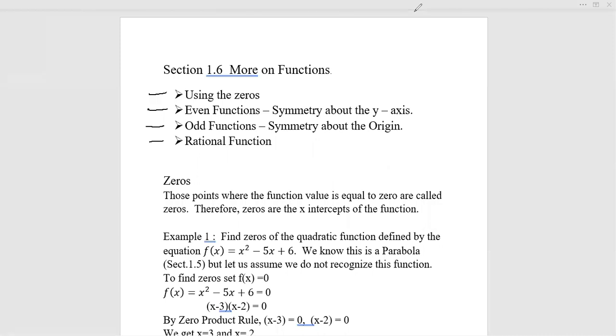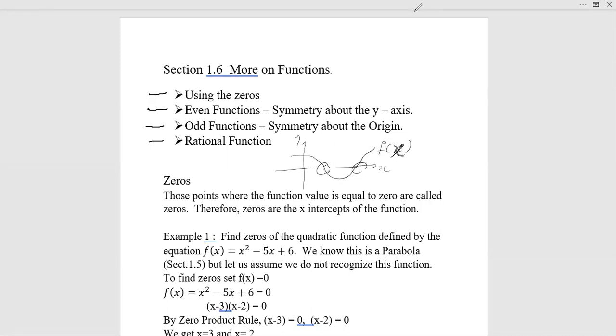For instance, if you have x and y axes like this, say you have a function like this. At these 2 points, this function f(x) intersects the x-axis. f(x) intersects the x-axis at these 2 points.